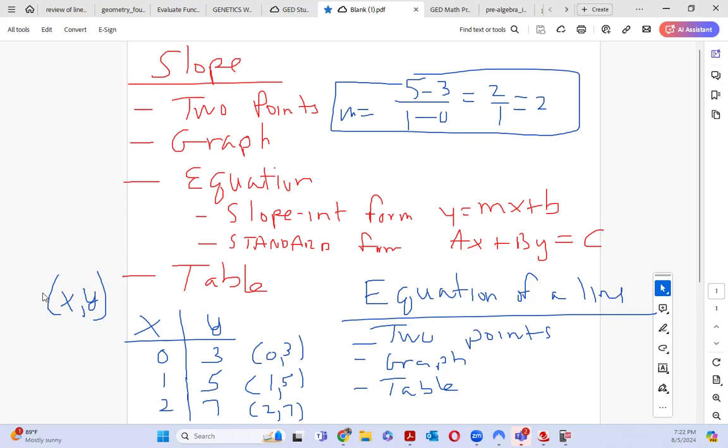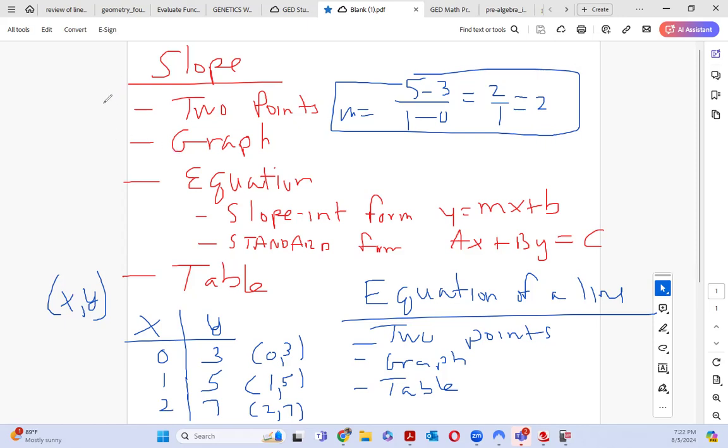Second, when we talk about concepts, the first 5 in linear equations. So I want you to go home, make sure you understand how to find the slope from 2 points, the slope from a graph, the slope from an equation. We focus on slope-intercept form.